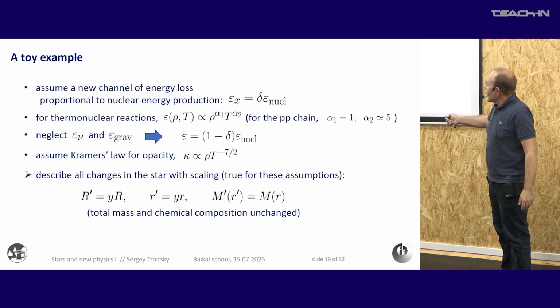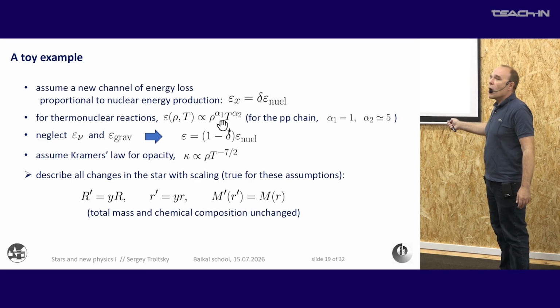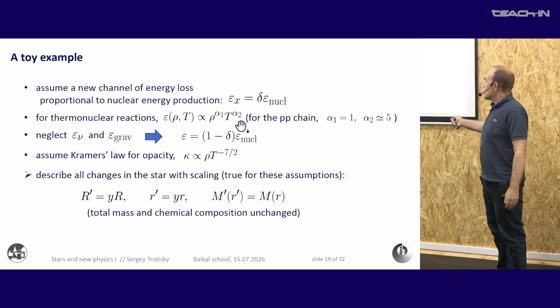And then I use that for thermonuclear reactions, this is a power law for any reaction, at least what is relevant for stellar burning. This epsilon, the energy production rate per unit mass, can be written with these two powers.